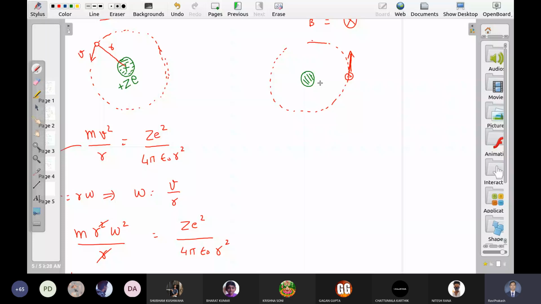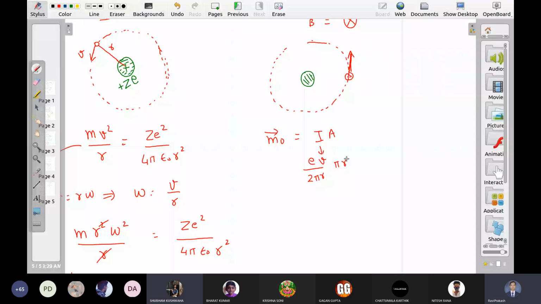What is the direction of the magnetic moment here? मैग्नेटिक मोमेंट की डायरेक्शन क्या होगी? So magnetic moment is equal to I times A. I is equal to q upon t, we calculated last time, charge divided by time. Time means 2 pi r upon v. A means pi r square. Direction? सर अंदर की तरफ होगी.